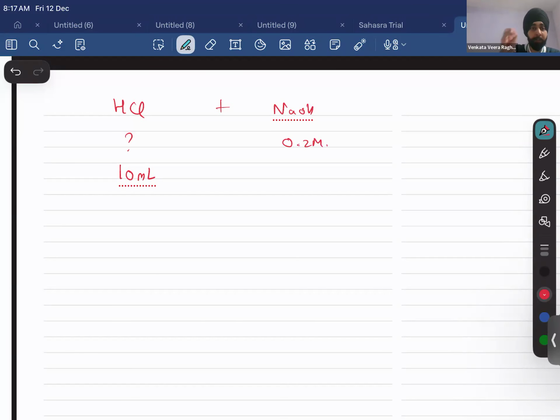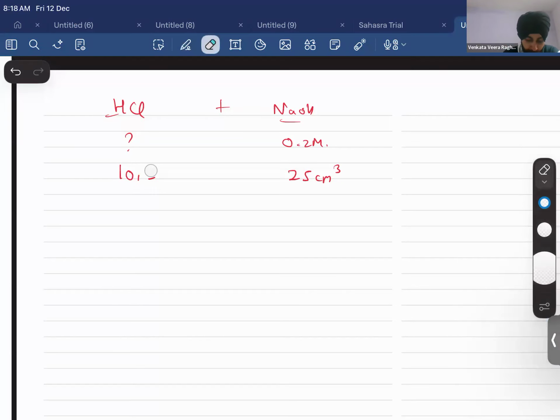The burette reading shows that 25 centimeter cube of NaOH was required to completely neutralize the HCl, because the acid plus base reaction is also called a neutralization reaction. So they will write a statement that 25 centimeter cube of 0.2 molar NaOH was required to completely neutralize 10 centimeter cube of HCl.